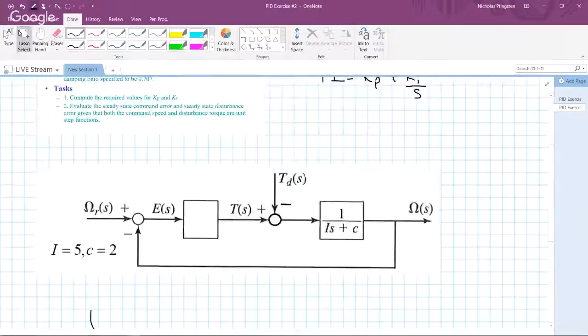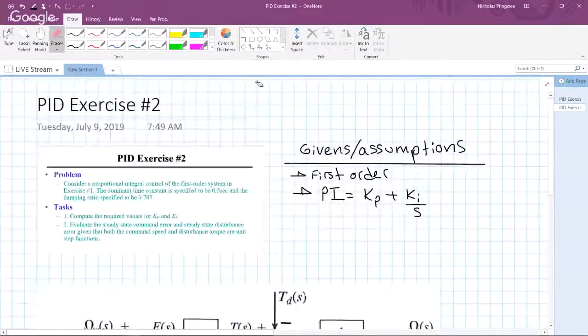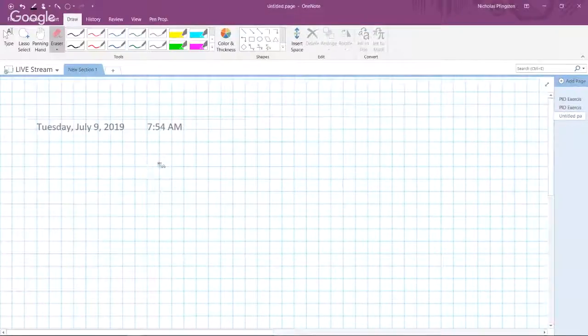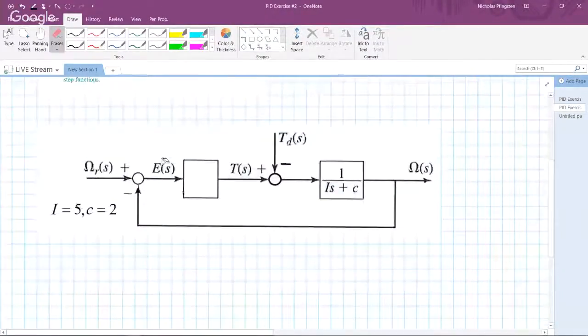Why isn't it letting me? I'll do this. All right, well, that's not working out for me, but that's all right because I have it on my other notes.